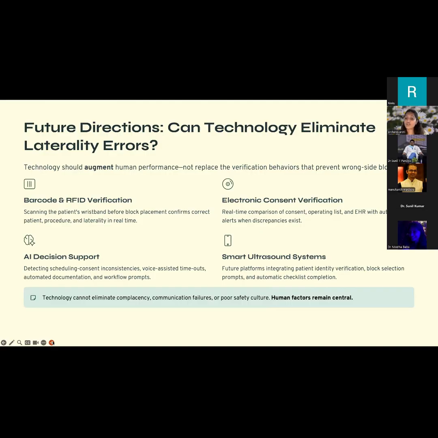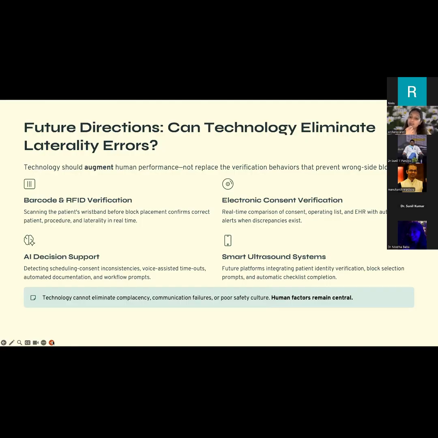You can have electronic consent verification, where there's a real-time comparison of consent, operating list, and ER. So if everything is online, possibly this is a very good way to keep everything aligned, and the system itself will alert you that you've mentioned left in the notes but the list says right. So maybe that itself can have a correction.